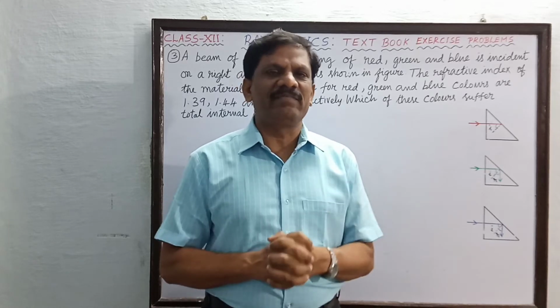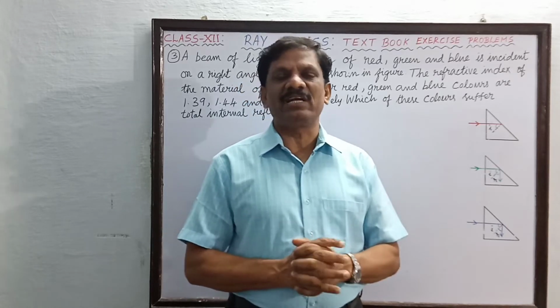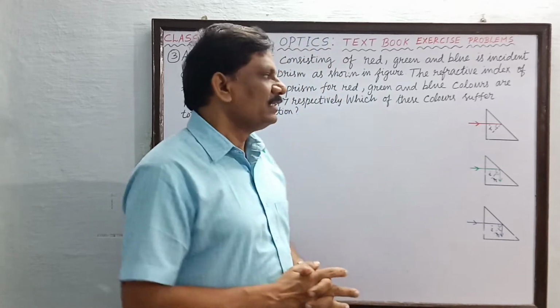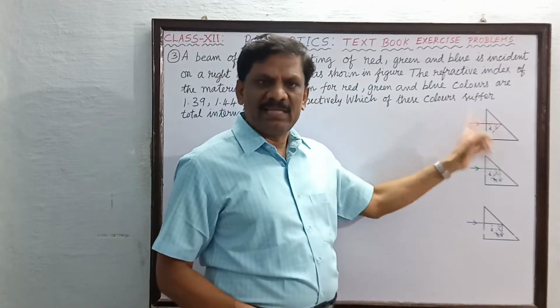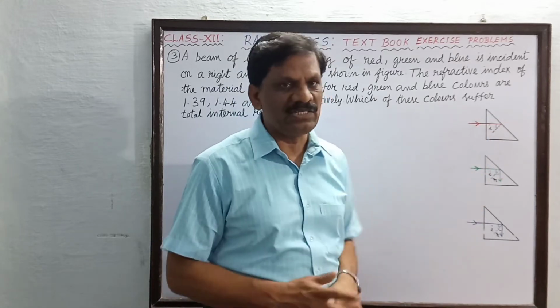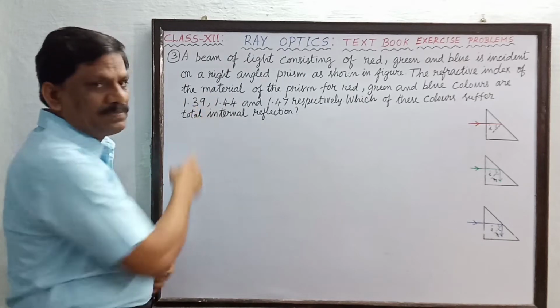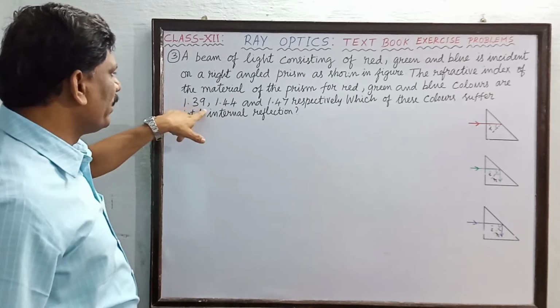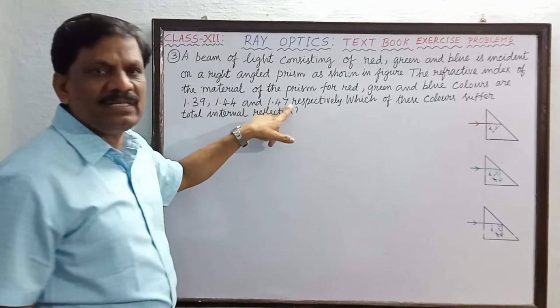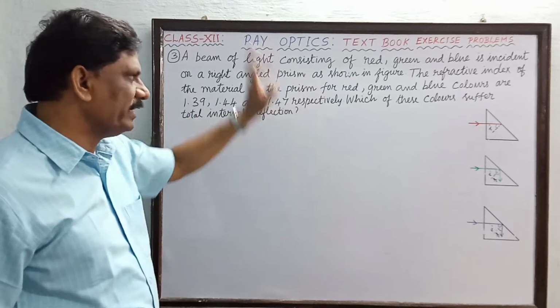So the red travels faster and violet travels with the least speed inside glass. That is why the refractive index of glass for red, green and blue are different. Their values are given respectively: for red 1.39, for green 1.44 and for blue it is 1.47.